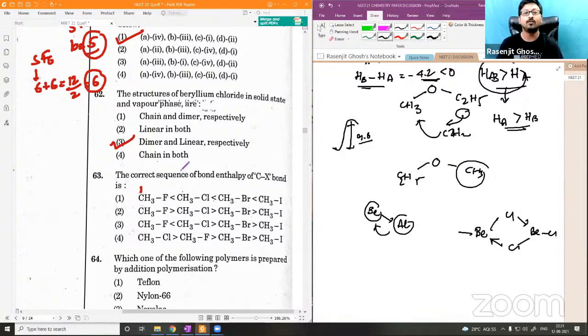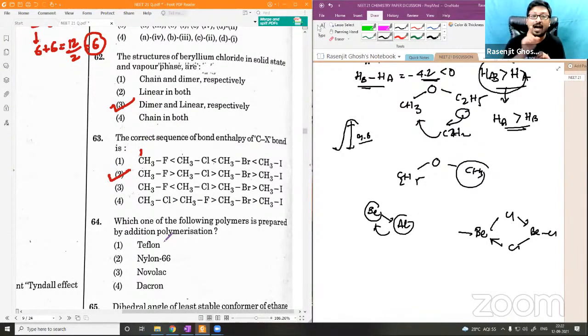So the bond becomes weaker. Now, if the bond becomes weaker, then the energy required to break the bond will be very low. So which one will be the answer? Option number 2. So the C-F bond will have higher bond energy to break, then the C-Cl, then the C-Br, then the C-I, right?